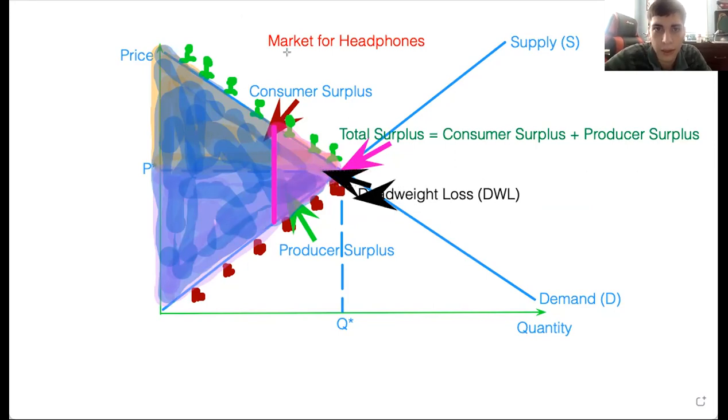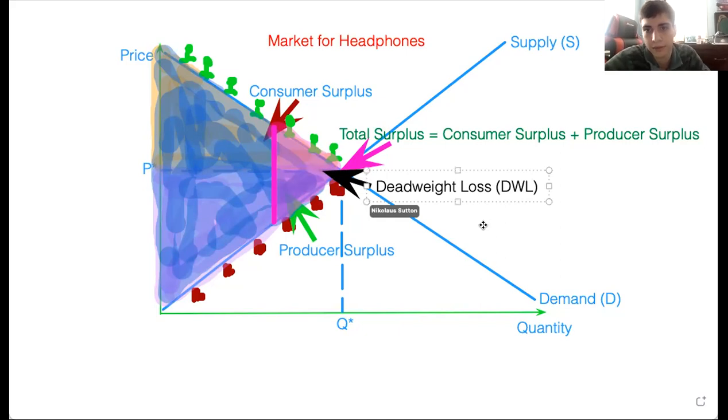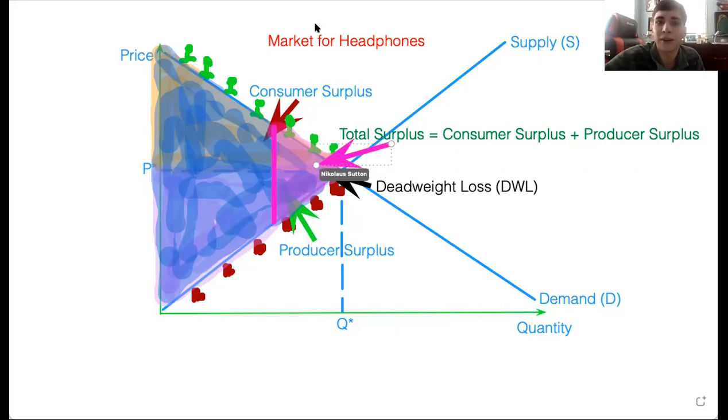That would be your dead weight loss. There we go. That's probably as best as we're going to get it. Let's move that. Sorry, man, you're covered up. Anyway, so you get the deadweight loss.